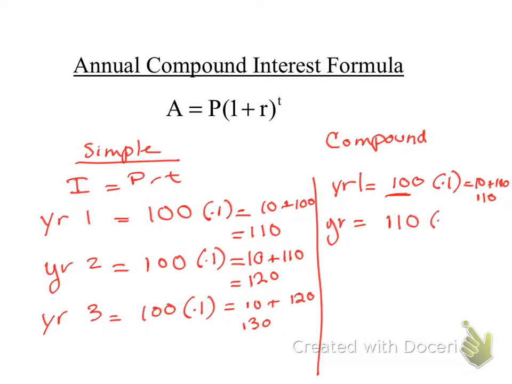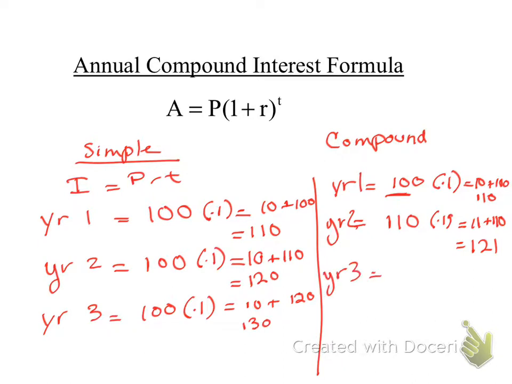And I'm still being charged 10% interest. Does that make sense? 10% of 110 is what? $11 plus the 110. That makes 121. Okay? Year two.